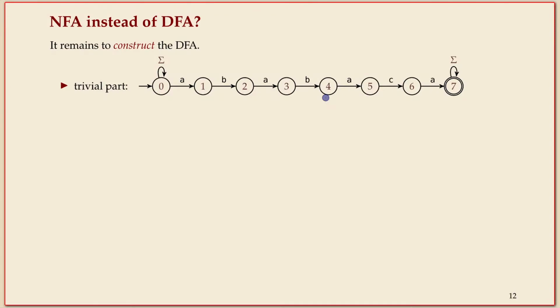So at first it sounds not very useful in an algorithm, but let's ignore that fact for now. The nice thing about NFAs is that they're very trivial to write down for these kind of regular expressions. We can stay in the state 0 as long as we want. At some point, we commit to move forward and read the pattern, and then we can continue reading arbitrary characters. That's as easy as it gets, right?